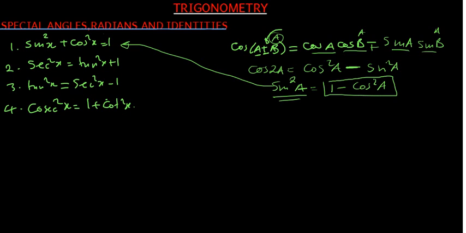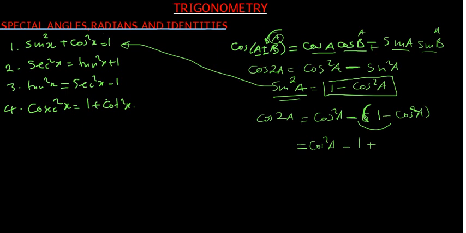So cos 2A is equal to cos squared A minus, where there was sin squared A, I'm now putting 1 minus cos squared A. This gives cos squared A minus 1, and then plus, because the minus goes to that minus and changes to plus cos squared A. So this gives 2 cos squared A minus 1. So that is an identity.